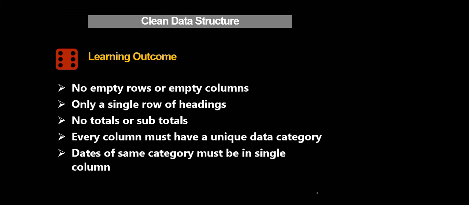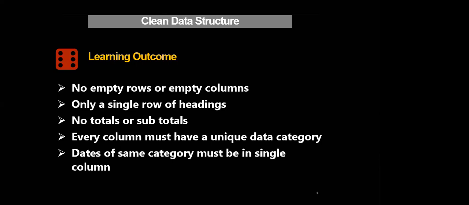You need to ensure that you don't have empty rows or empty columns. That's number one. Number two, you need to ensure that you have only a single row of headings. You need to ensure that you don't have totals or subtotals within your data. I will show you some of these things and highlight why you need to ensure that your data looks as clean as this.